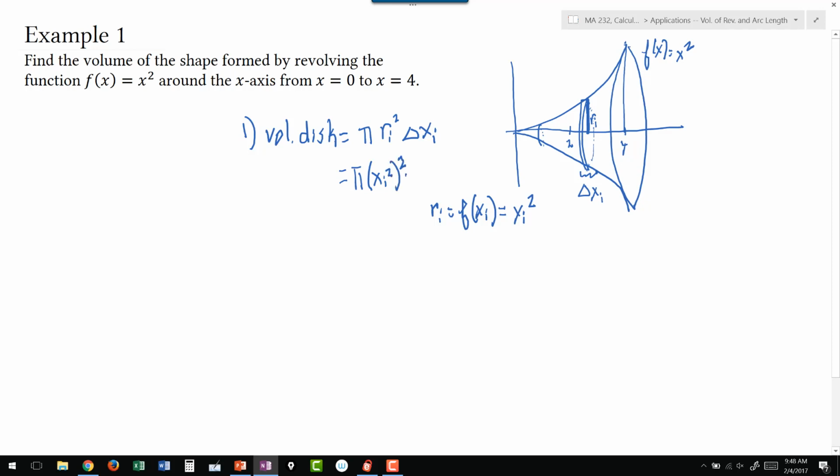Now the x sub i isn't something we've drawn in the picture, but it would represent the x value for the location of that disk. After some algebra, we see the volume of the ith disk would be pi x sub i to the fourth times delta x sub i.